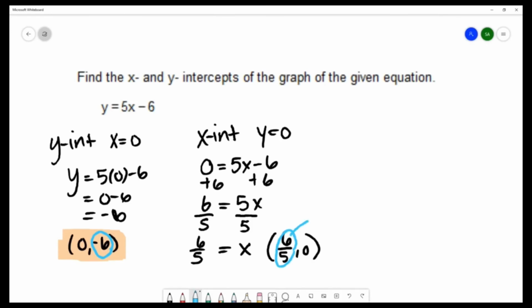And then you also want to pay attention to whether the answer should be written in decimal form or fraction form. If you needed to write this in decimal form, if it told you to do that in the directions, you would do that calculation to get 1.2.